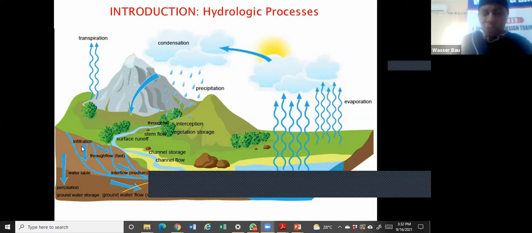When we talk about infiltration, we have deep infiltration and shallow infiltration. Some that infiltrates will go to the water table where it will percolate and become groundwater. Those that flow into the open water bodies, some will evaporate back. Those that go through the plants will evapotranspirate. So this is the hydrologic process.